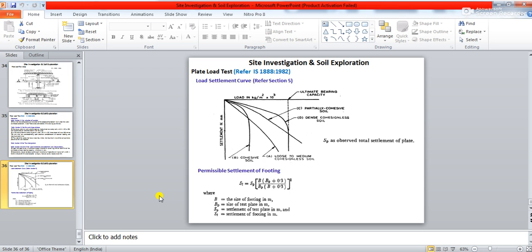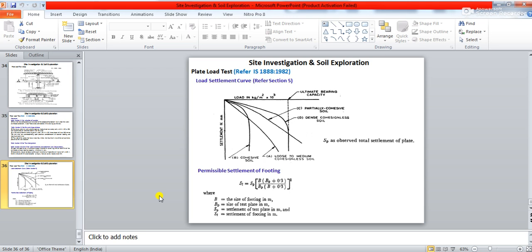So in that you will observe that standard penetration test and plate load test are two very important tests to understand, because these are the two tests which can be carried out directly at the field to explore the characteristics of the soil.